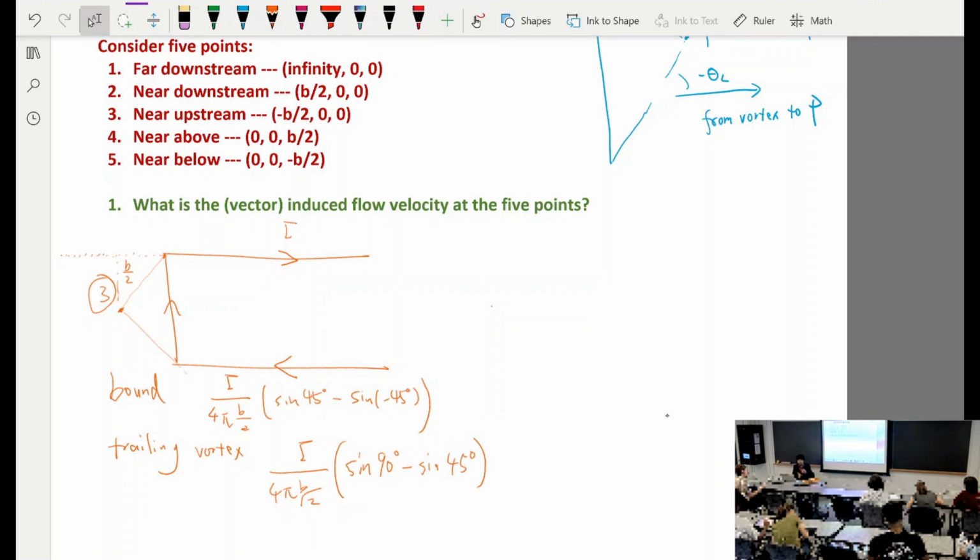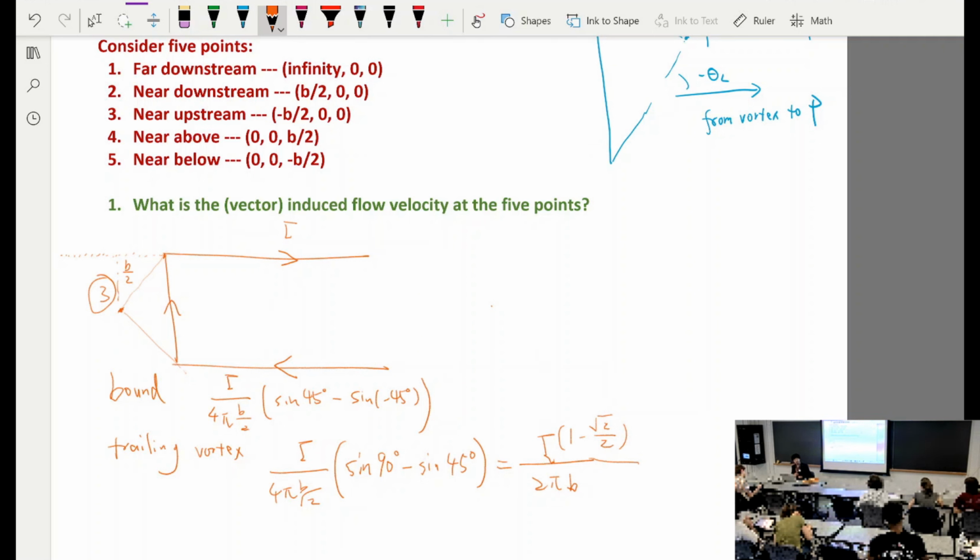Remember, in the previous example, it's sine of 90 degrees minus sine of minus 45 degrees, which was greater than 1, and in this case, it's less than 1, right? So that's the primary difference, and the result you get is Γ over 2πb times 1 minus the square root of 2 over 2.